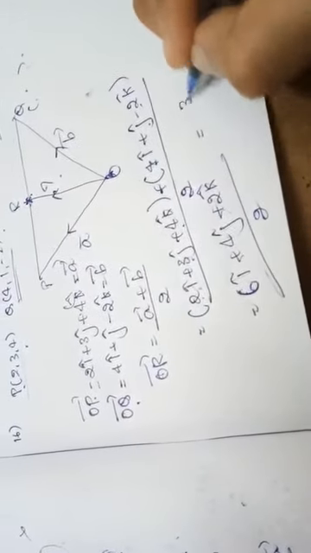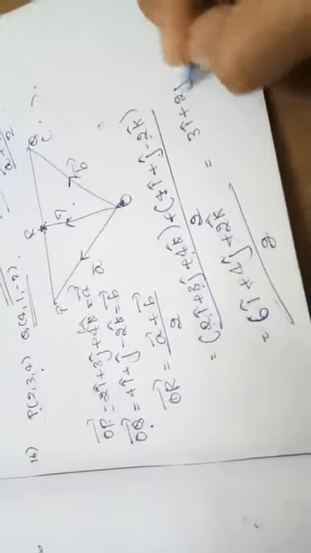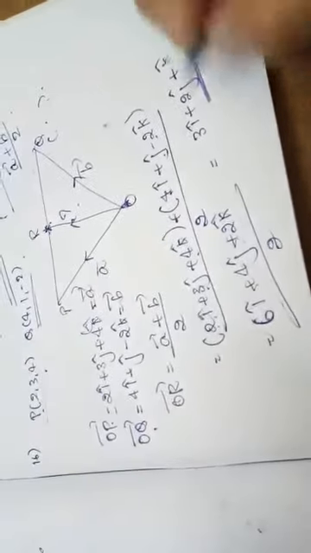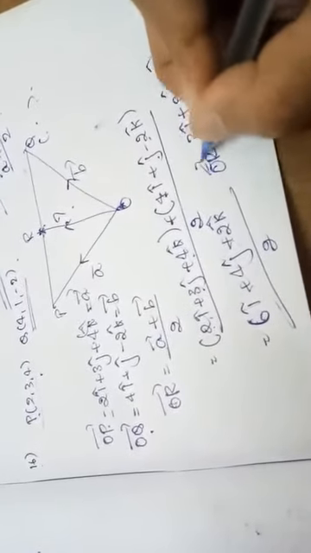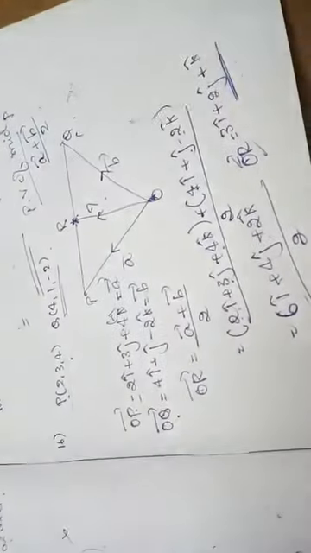From the numerator, if I take 2 common outside, the 2 cancels, and it becomes 3i cap plus 2j cap plus k cap. So this is the position vector of the midpoint R which divides the line segment PQ. So we got our vector OR.